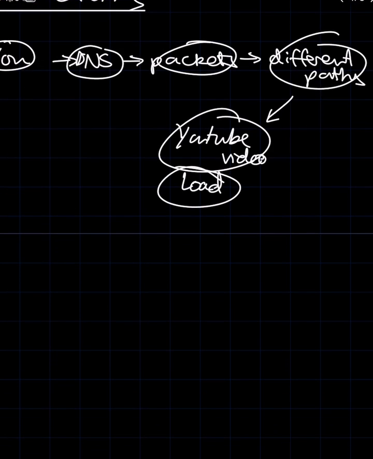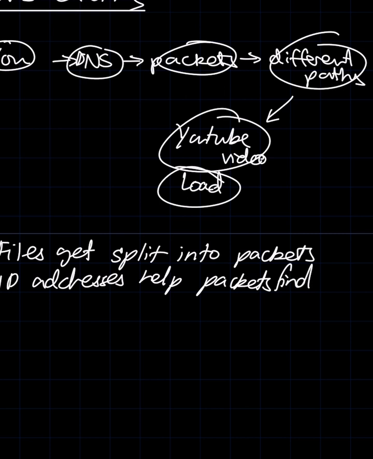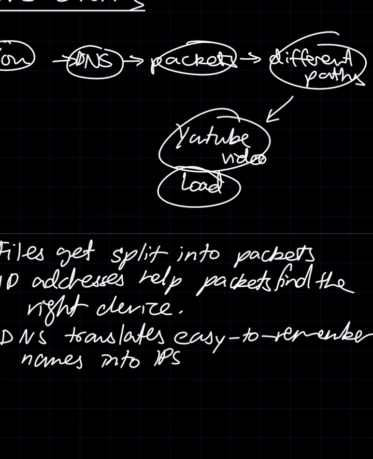So let's recap. Files get split into packets. IP addresses help packets find the right device, and DNS translates easy to remember names into IPs.